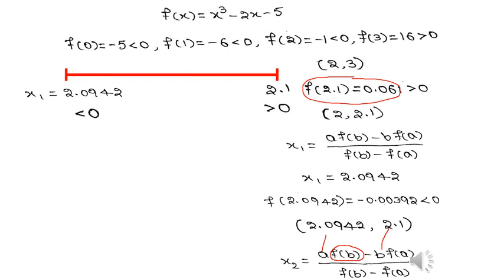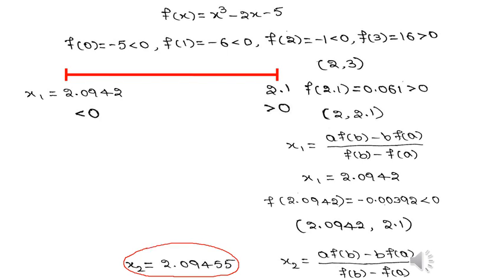And f of A is f of 2.0942, which is here. We have all the values, and put all of them in the formula to get the new, improved root, which is this. So this is the new root which is lying between these two values here.